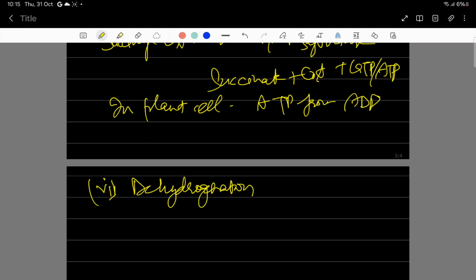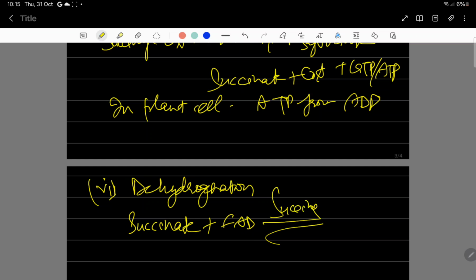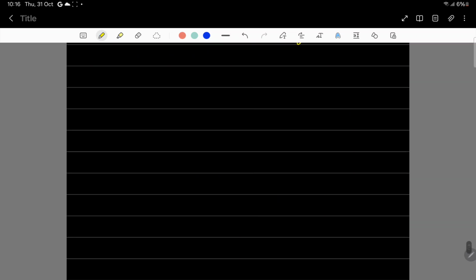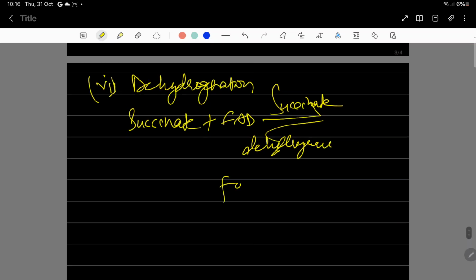Hydrogen is carried by FAD in the form of whole atoms. So succinate plus FAD, in presence of succinate dehydrogenase, forms fumarate plus FADH2.